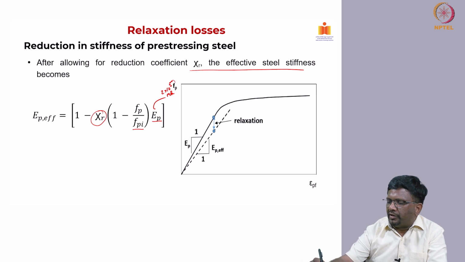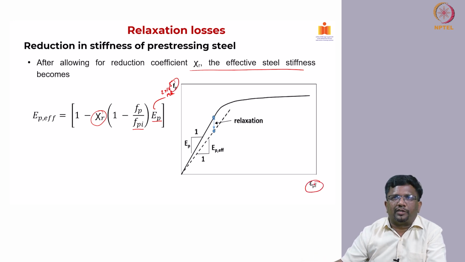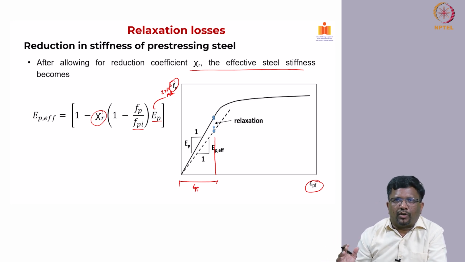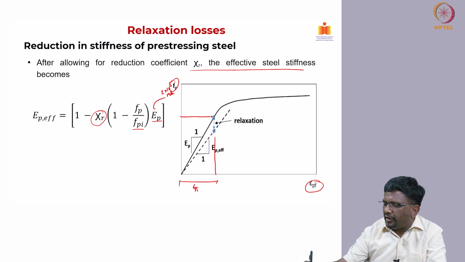You have stress in the y-axis, strain in the x-axis. Let us say I have initially stressed to a particular strain at this location. Let us say this is your epsilon pi. If I am keeping it constant, the stress need not be constant, it will keep coming down over a period of time. So, at this point, initially this was FP, let us say FP1, and this has come to FP2.